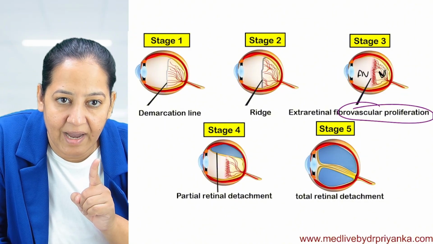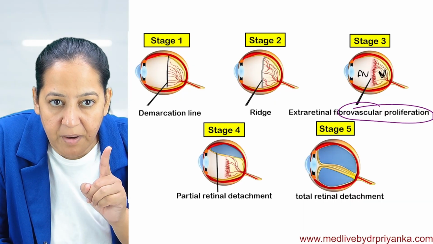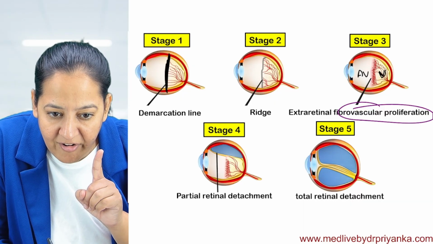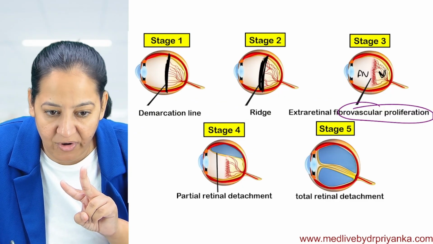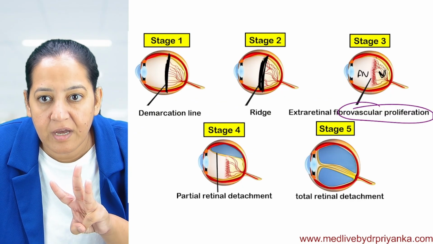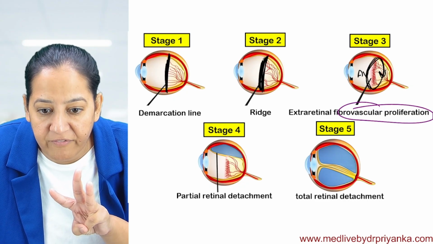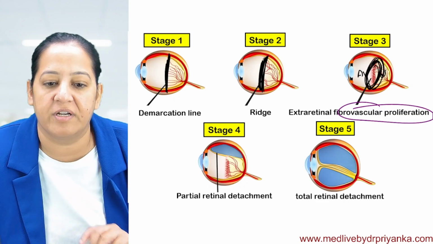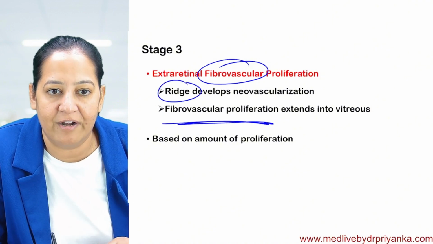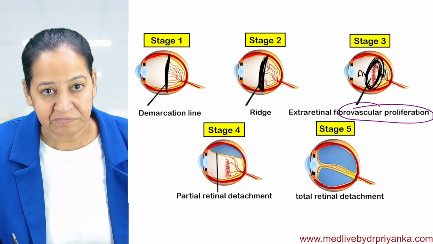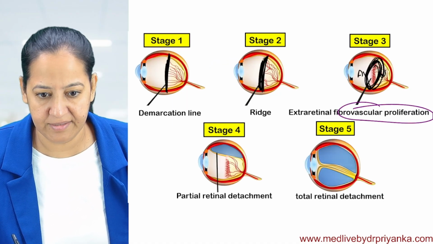Here it was a demarcation line between vascular and avascular retina. Here the line converts into a ridge. From that ridge, the neovascular proliferation takes place. So that is stage 3.